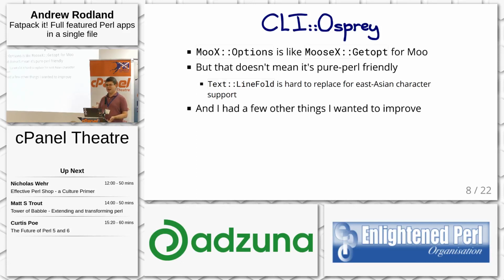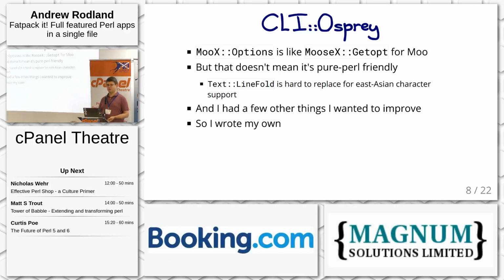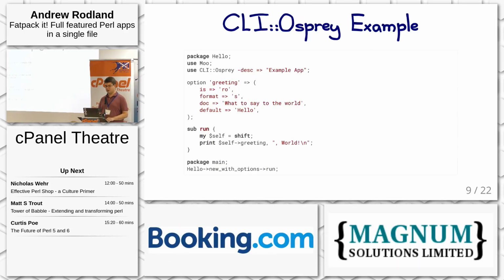So because of that, I had an application. I wanted MooX Options. I also wanted to change a couple other things about it. So I wrote my own alternative to MooX Options, which is called CLI Osprey. This is an example of how it's used. It supports 99% of what MooX Options does, and then some other stuff. It should look reasonably familiar if you've ever used MooX Options, MooX getopt, anything like any sort of declarative getopt thing.